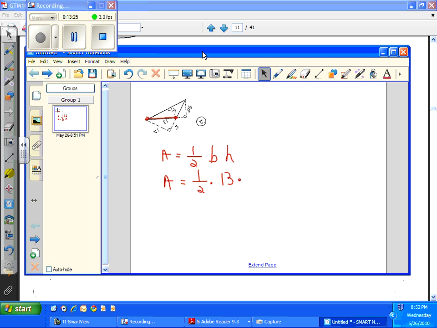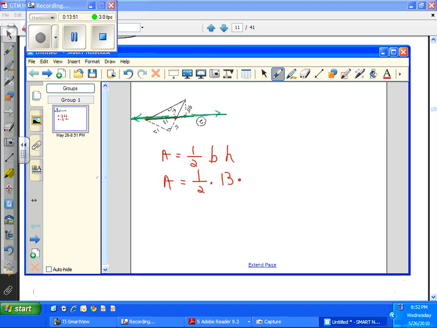Now, if you want to find the height, you have to set it on its bottom, as I call it. And we just took a snapshot, spun it around, and set it on its bottom. The height is how tall it is from top to bottom, but that height may not even be in the triangle. Remember that an altitude is a segment from a vertex perpendicular to the line that contains the opposite side.